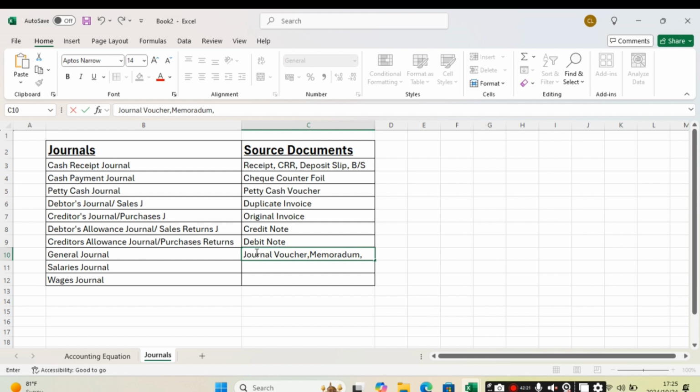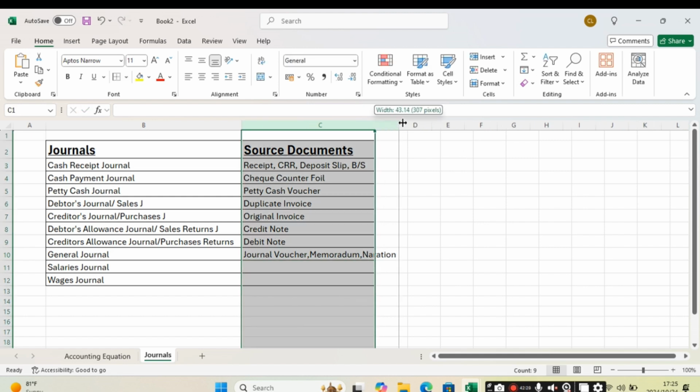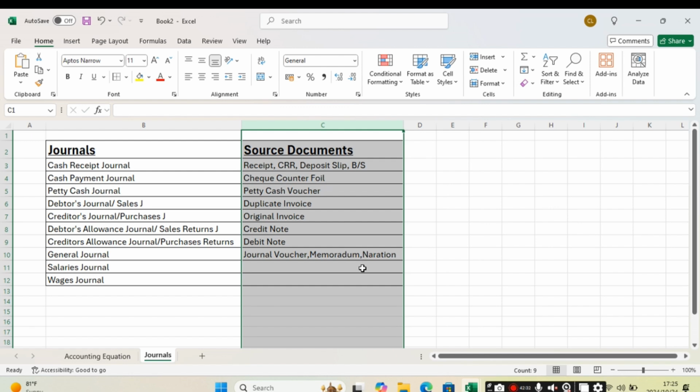I can't quite recall, but I think it's narration. You guys will correct me in the comment section if I'm wrong here. But one thing I'm sure of is our journal voucher and our memorandum.